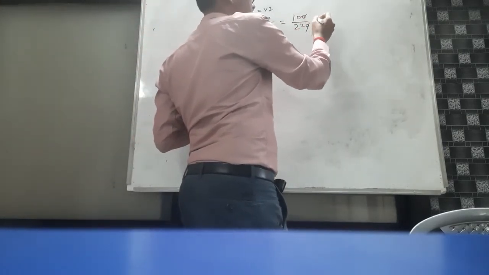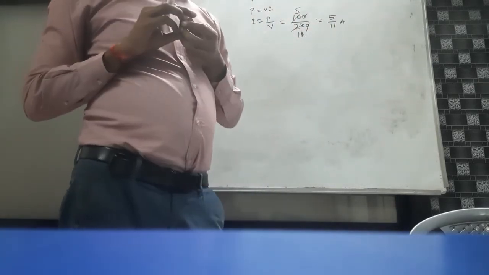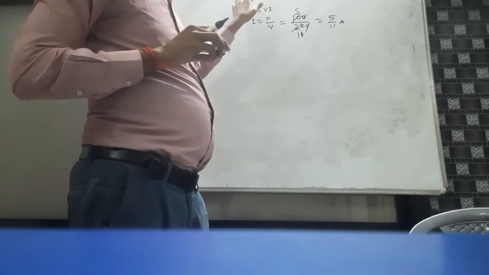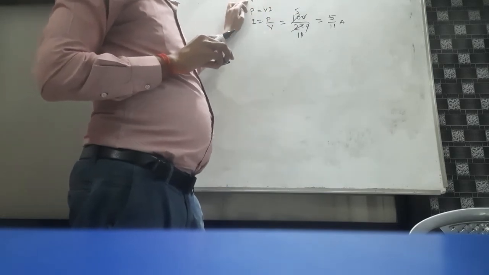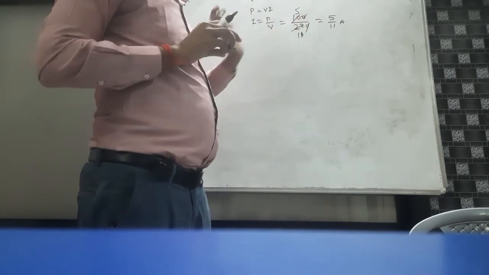Cancelling out, we get 5 by 11 ampere. You have to calculate the power when voltage is 110 volt and current is 5 by 11 ampere.